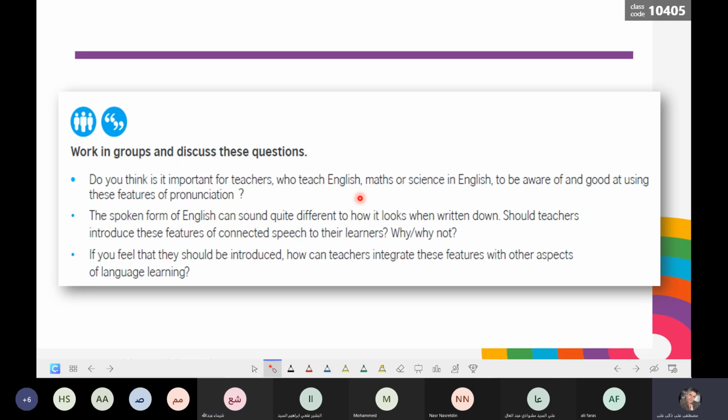English teachers are more concerned. Okay. I do agree with you. It's very important for teachers, especially those who teach English, to be aware of the features of pronunciation and also to be good at using these features, whether they are speaking or teaching young learners.